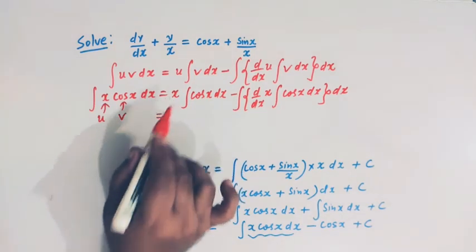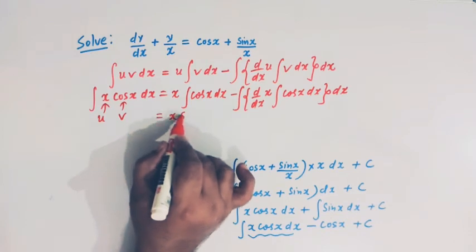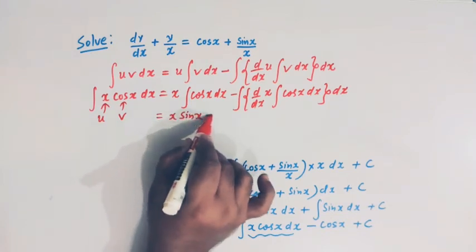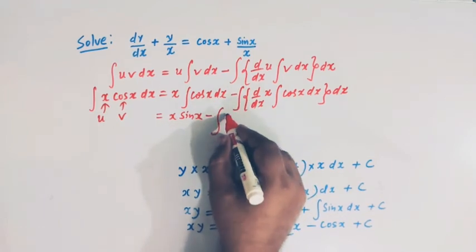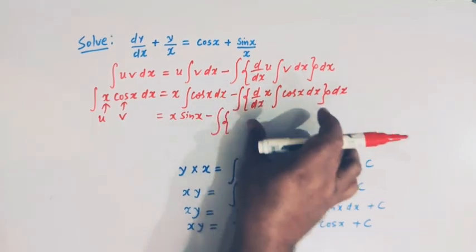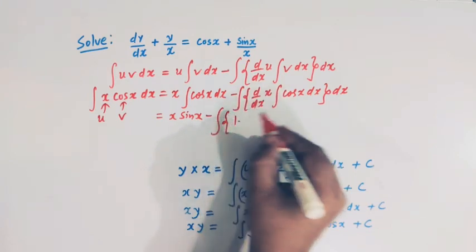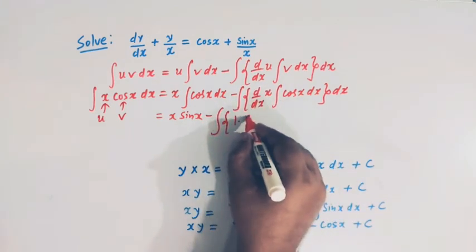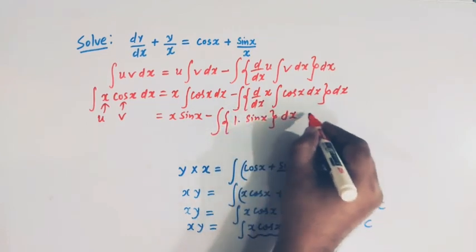So now simplifying it, the integral of cos x is sin x, so we have x sin x minus, and inside this integral the derivative of x with respect to x is 1, integral of cos x is sin x, and here we have dx, right?